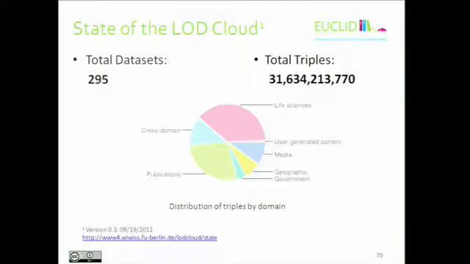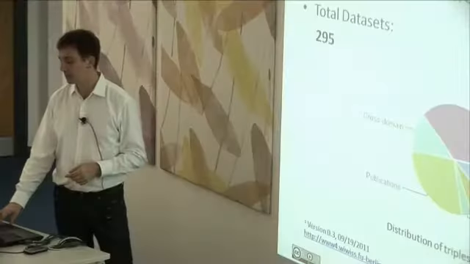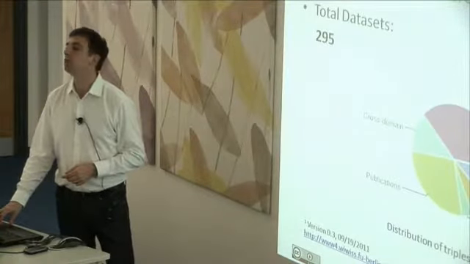So in terms of this registered and interlinked set of open data, exposed as linked data, we had a count at the time of this last diagram of 31 and a half billion statements. That's how many RDF relationships there are between resources.